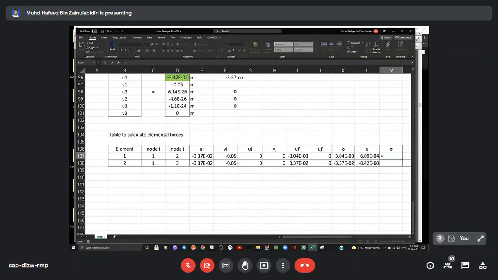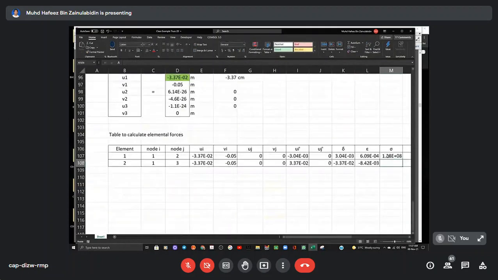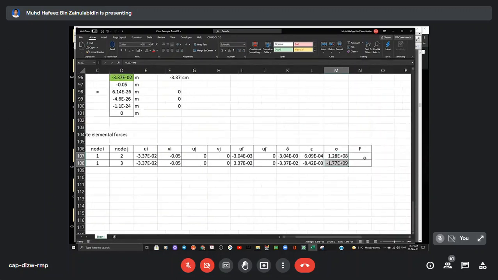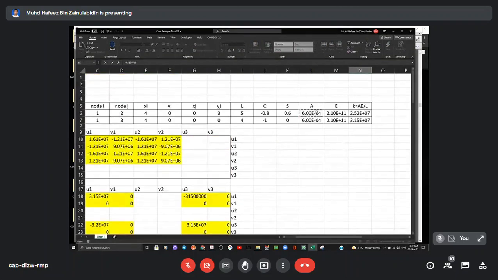Stress equals strain multiplied by Young modulus. And then finally F equals stress multiplied by cross-section area, A. That A there.